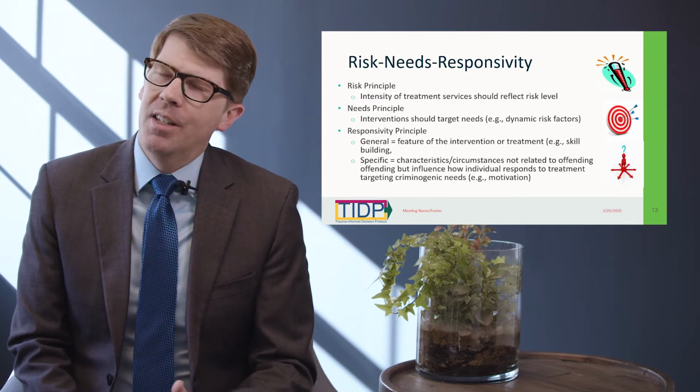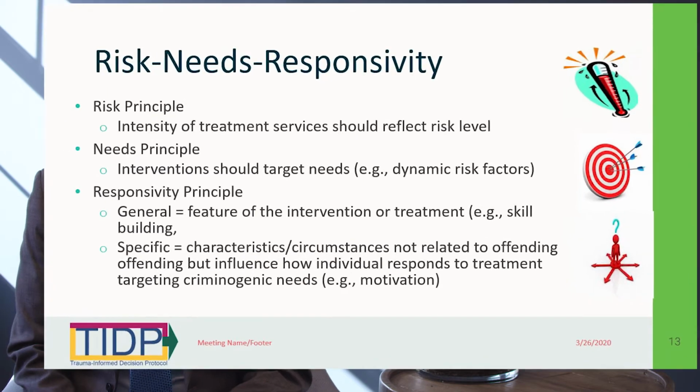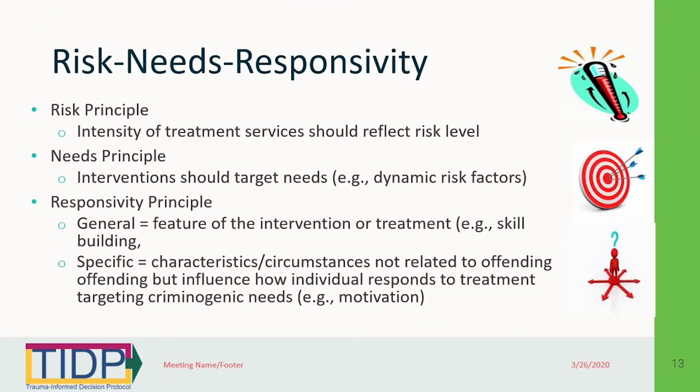The risk-needs-responsivity model is divided into 3 different principles, with the first, of course, being the risk principle. The risk principle gives us an indication about who we need to intervene with, and it indicates that the intensity and the dosage of intervention or treatment services needs to be matched to that overall risk level.